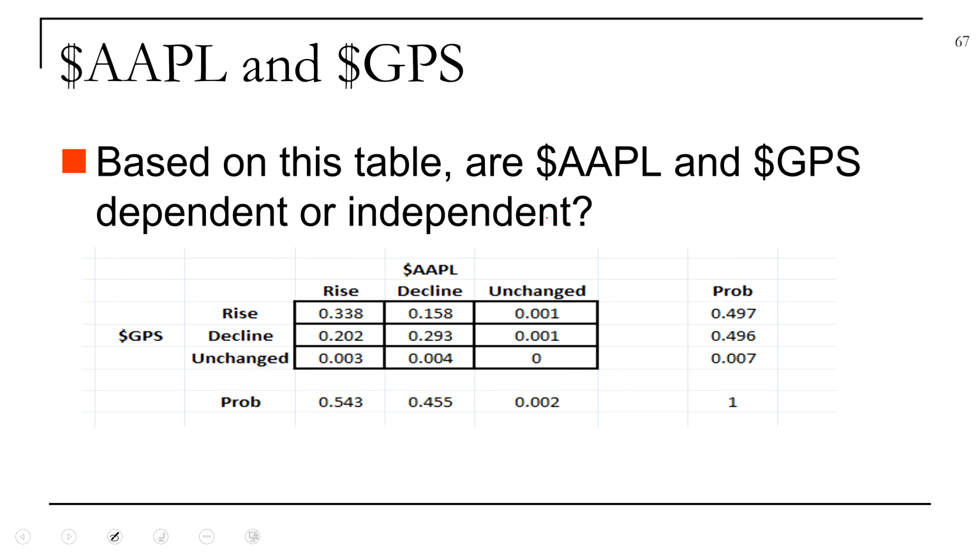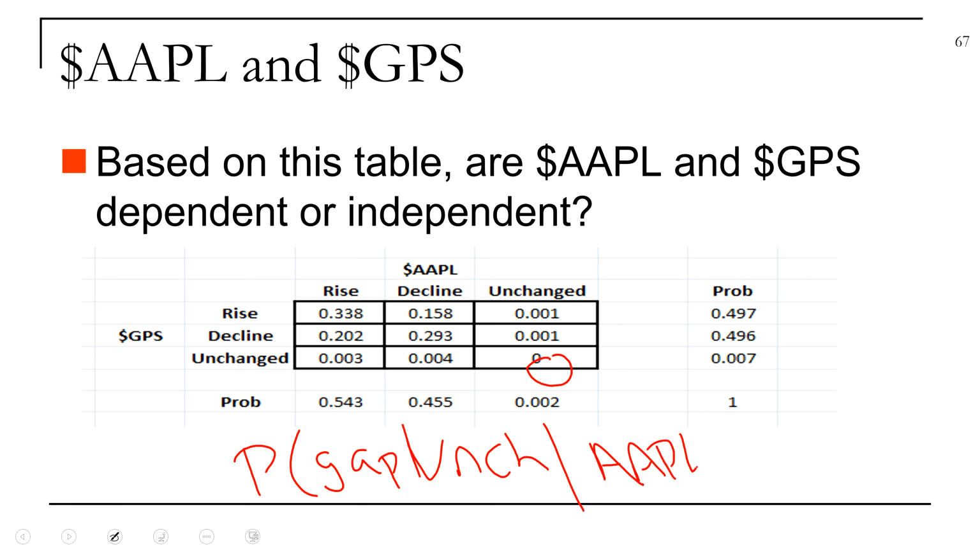As another example, here's Apple and Gap, and these are on a daily basis. Do they rise? Do they decline? And are they unchanged? Are they independent or dependent? Now, you can go anywhere you want. I want to write: the probability that Gap is unchanged, given Apple is unchanged, equals the probability Gap is unchanged?